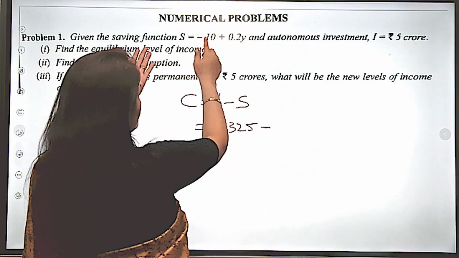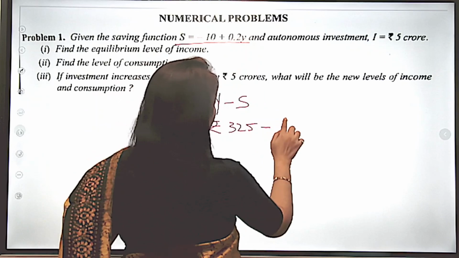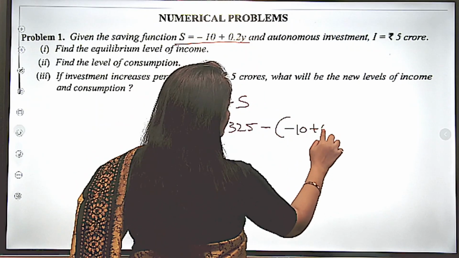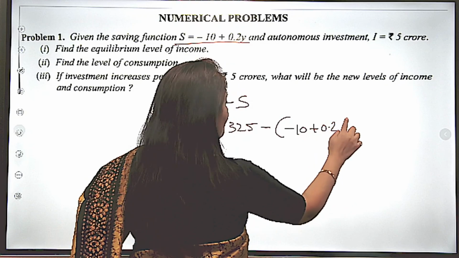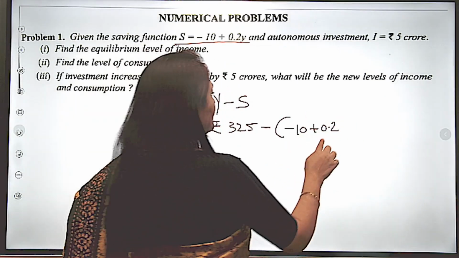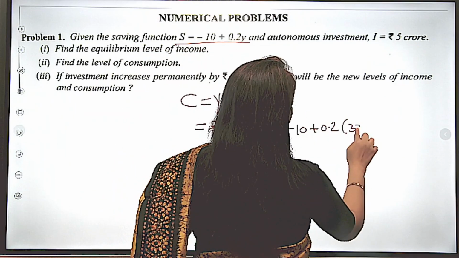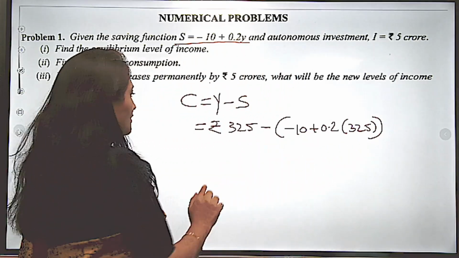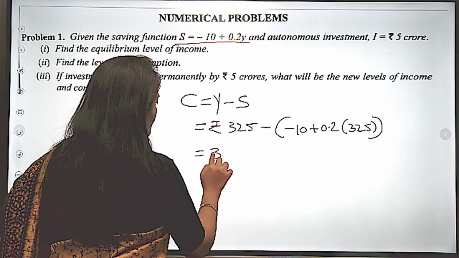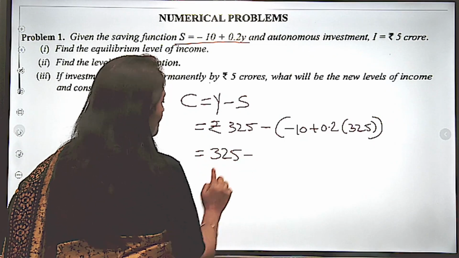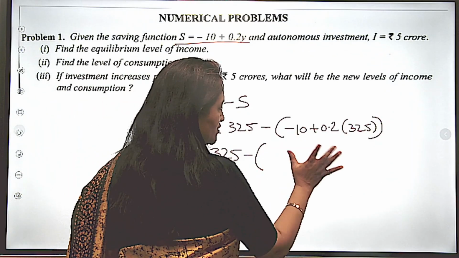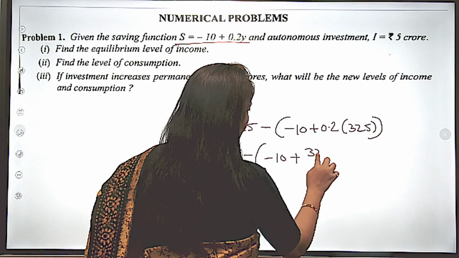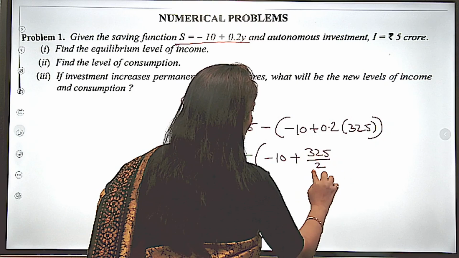And your saving function, I'm just noting it down as it is: minus 10 plus 0.2 of the new income, that is 325. Okay. Let's solve it. 325 crore income minus, let's first solve the bracket, minus 10 plus 325 upon 2 upon 10.